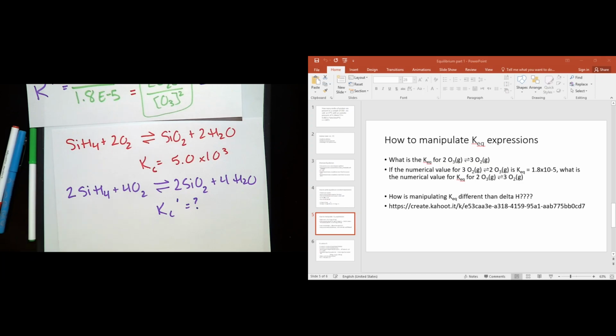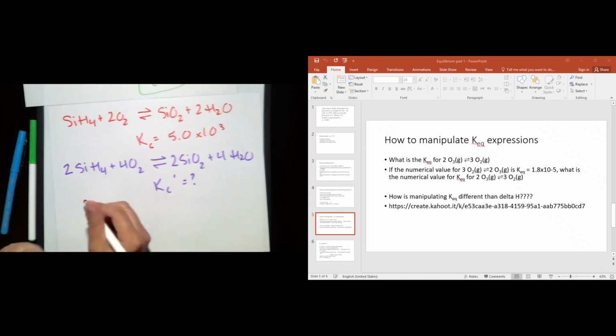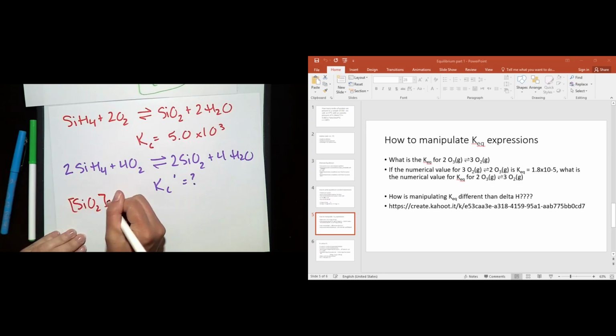With delta H, when you multiply the reaction by 2, you multiply the enthalpy by 2, but that is not the correct answer. How do you know? It can be very confusing. How I do this is I write the two expressions and I compare them. That always works. So products over reactants, no, whoops, that's solid.